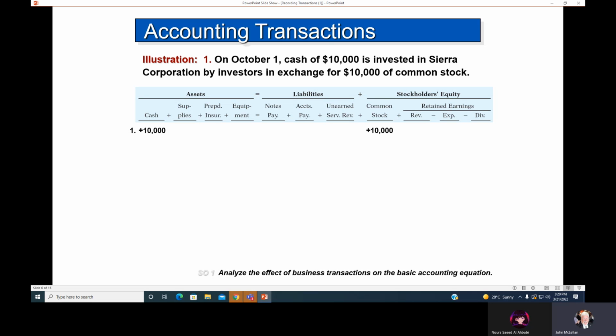If you record it properly, the transaction will always be in balance. That is, this equation, assets equal liabilities plus shareholders' equity, will always be balanced. And it is balanced.